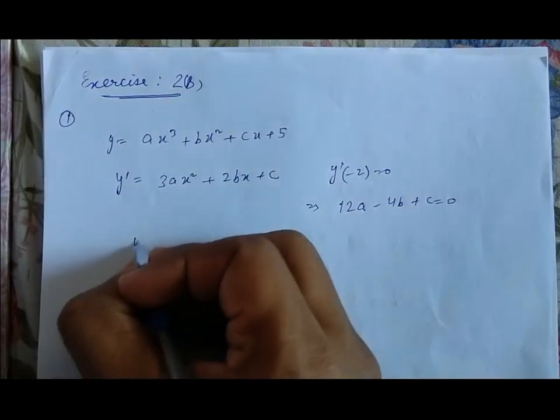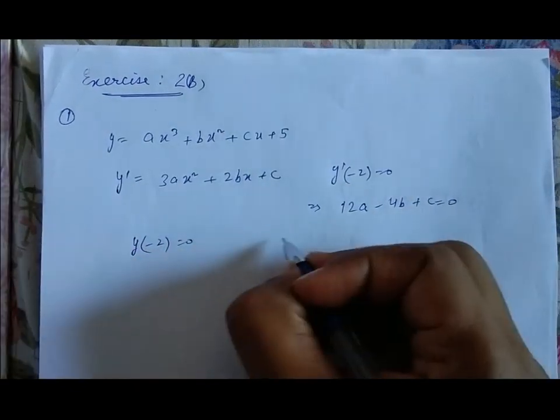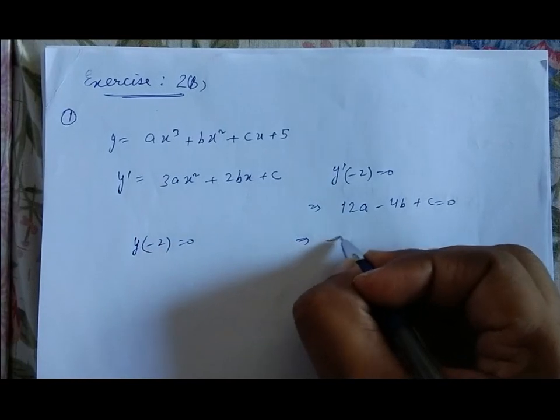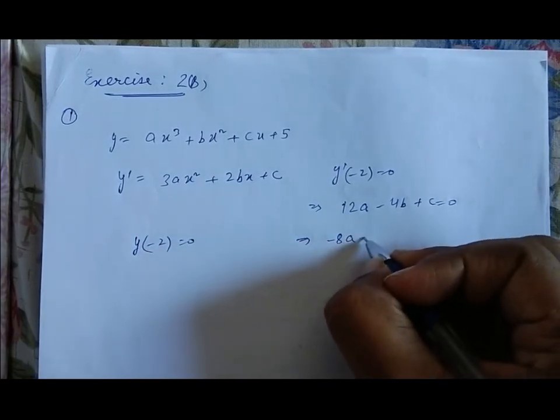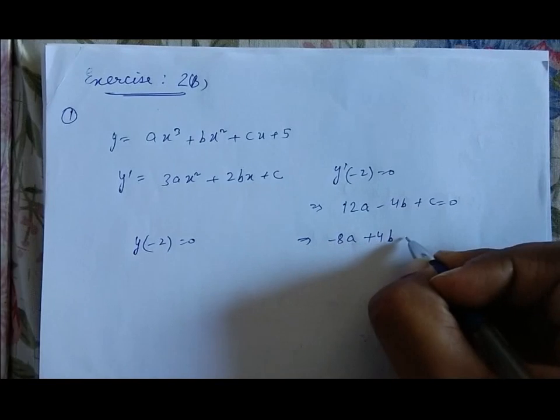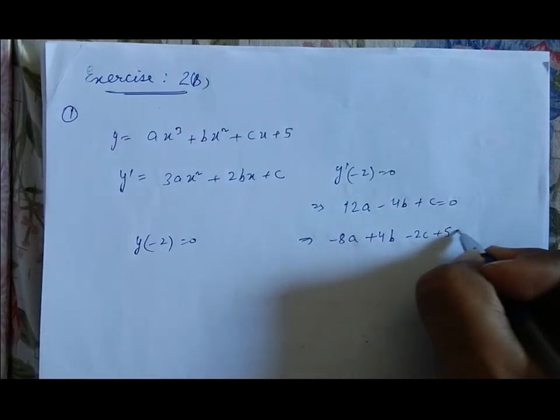Also y at minus 2 is equal to 0. This implies minus 8a plus 4b minus 2c plus 5 is equal to 0.